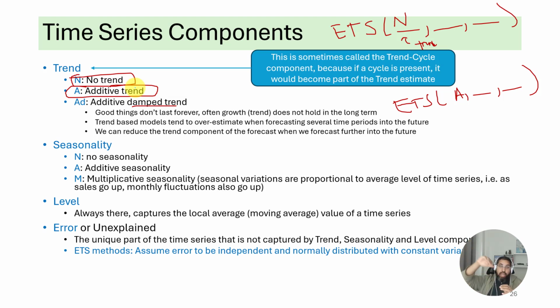So maybe you want to dampen the trend after the next prediction. So you want to do the prediction for the next time period using almost all of the trend component, but then the period after that, you want to dampen it. You want to reduce the trend component. And if you want to dampen the trend, then you'll use an additive damped trend, AD. So then you'll call your ETS method with the first value being AD. Okay.